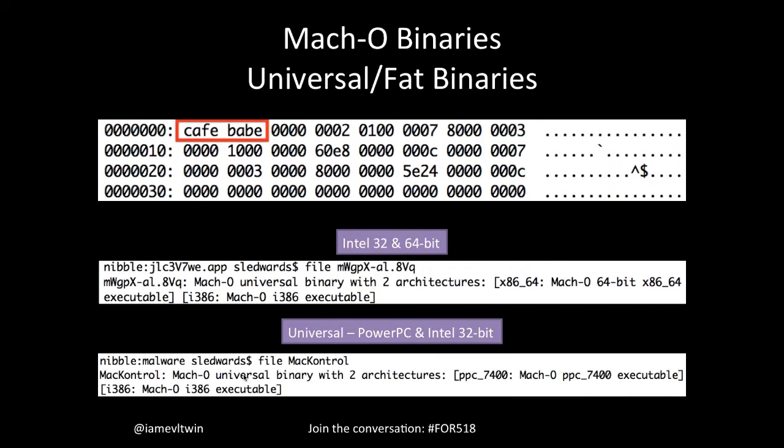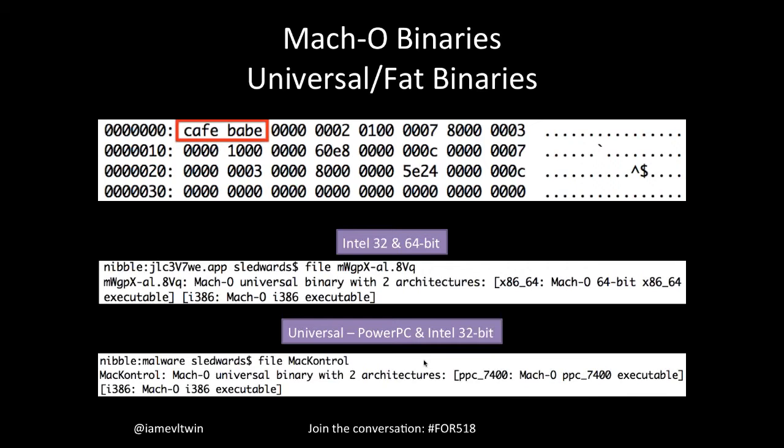And this actually came about back in the days when Apple was going through their transition from PowerPC to Intel. So the universal binary, as it was originally comprised of, was a PowerPC and an Intel 32-bit binary. So it didn't matter if they were running an old PowerPC system or if they had a brand new shiny Intel 32-bit system, they could still run whatever application they wanted to run. It's portable in that respect. They didn't have to buy just one executable for PowerPC and then buy another for the 32-bit.